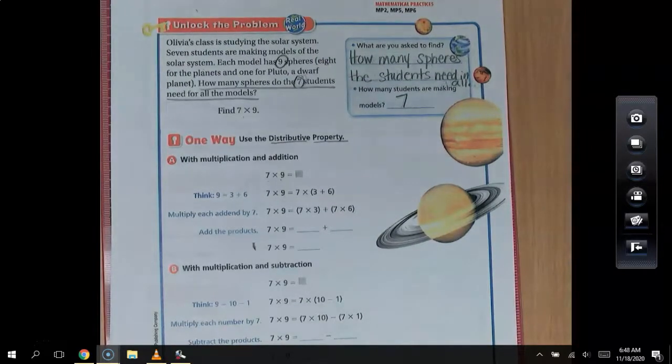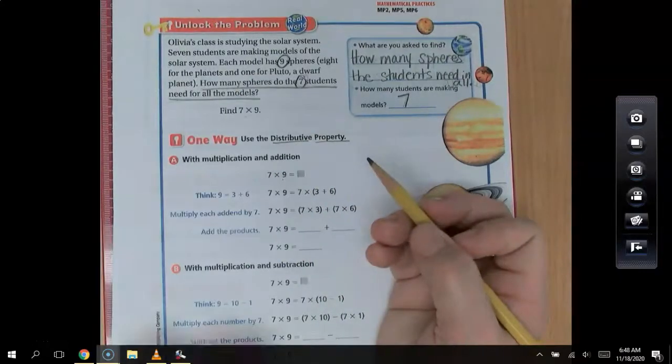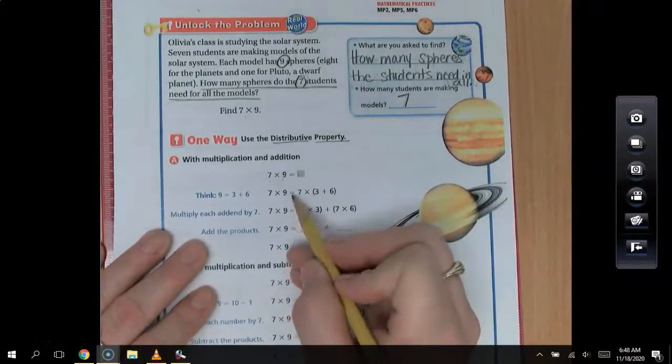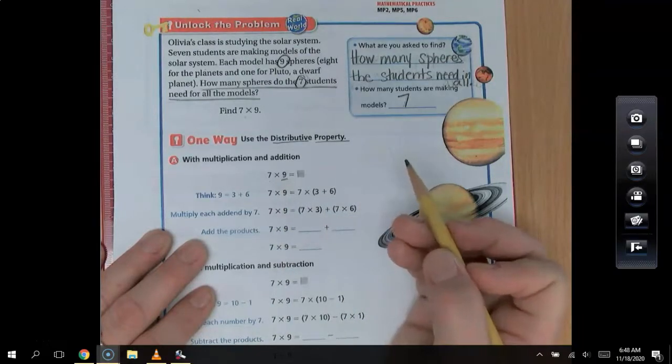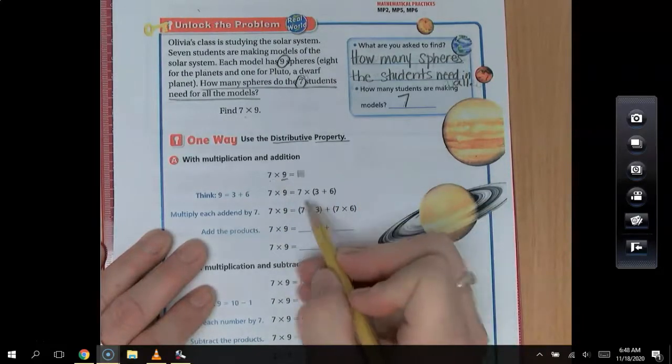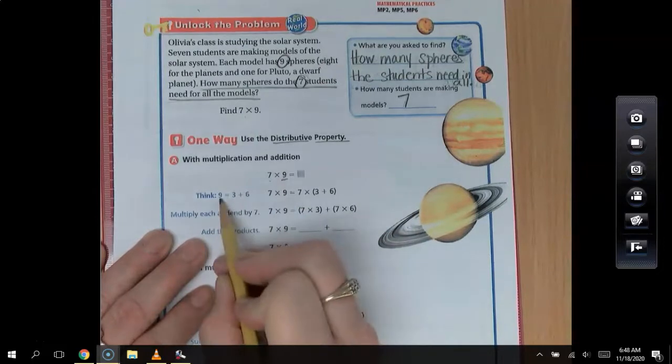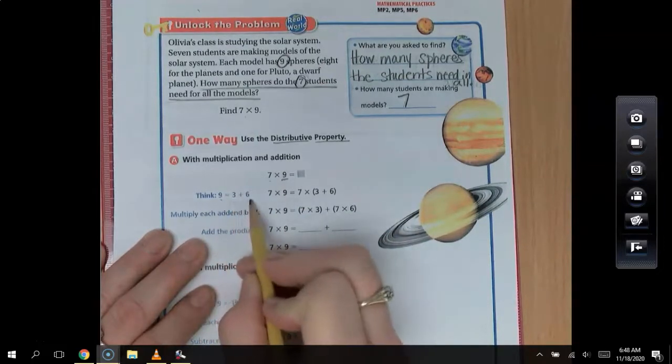Remember when we talked about the distributive property, we had an array and we broke apart that array. We made that array into smaller pieces, two smaller groups, so it's easier to multiply. So in this case, we're looking at how we can break apart this 9 to make it easier to multiply. So they want us to think 9 is 3 plus 6.